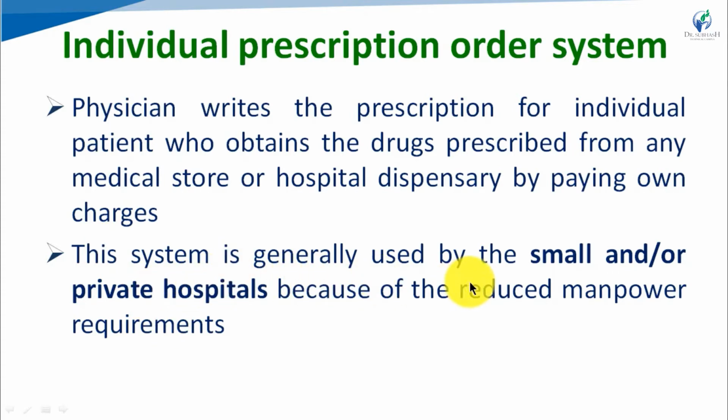This system is generally used by the small and or private hospital because of the reduced manpower requirement. See, especially small hospital or private hospital, they are using individual prescription order system क्योंकि यहाँ पे कम से कम मैन पावर अगर रखना हो कोई हॉस्पिटल को तो यहाँ पे डायरेक्टली they have to use the individual prescription. यहाँ पे if you are using individual prescription order system, then less number of staff is required in a hospital.